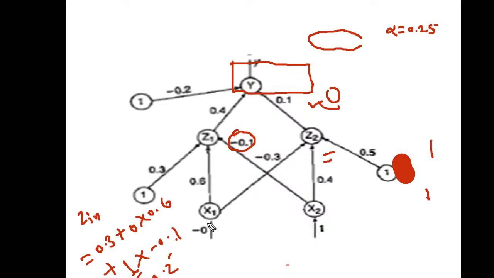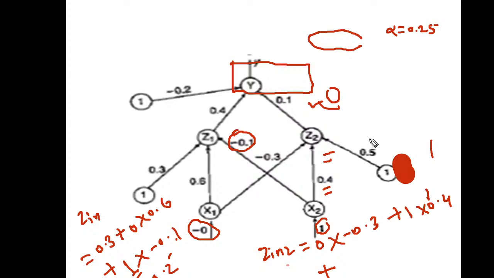Similarly, let's calculate z in 2. From x1, which is 0, multiplied by minus 0.3, so 0 multiplied by minus 0.3, plus x2, which is 1, multiplied by 0.4, so 1 multiplied by 0.4, and then plus the bias, which is 0.5. Adding, this is 0.4 plus 0.5, so the total will be 0.9.